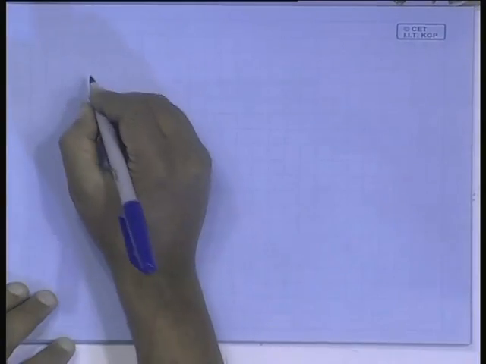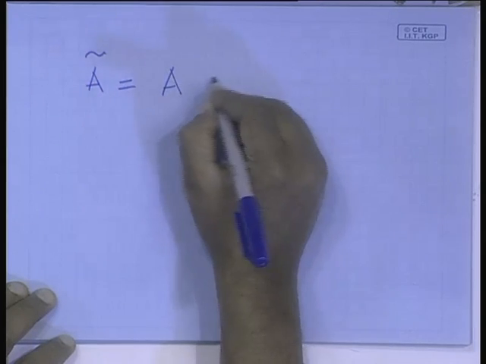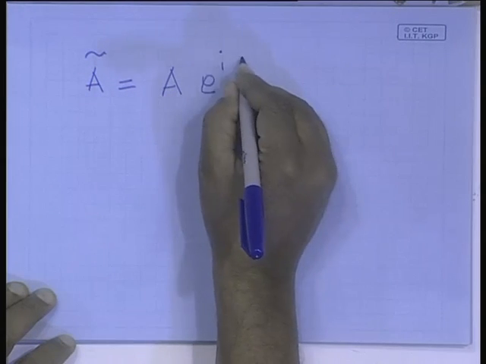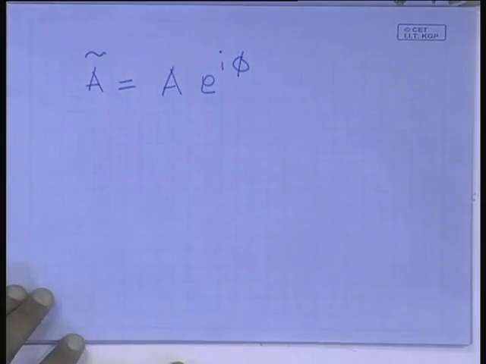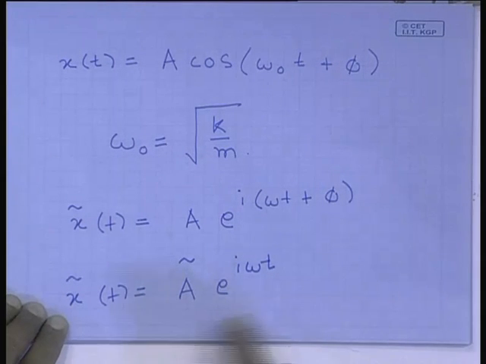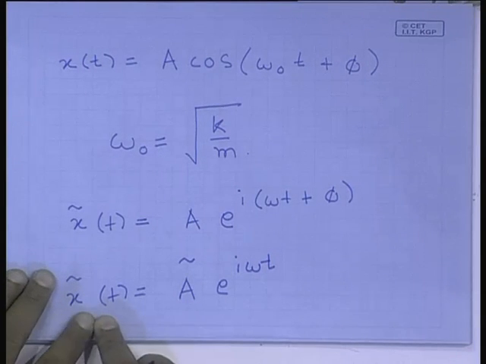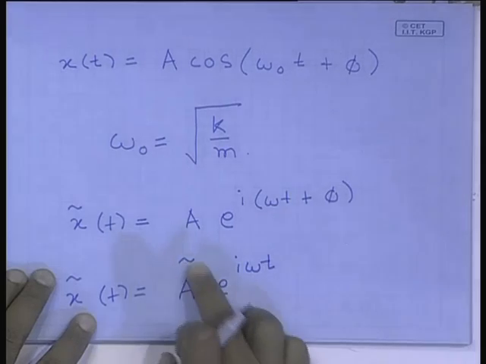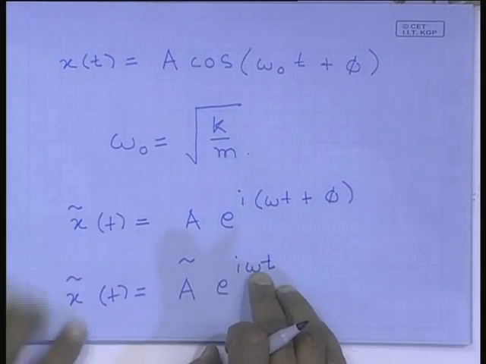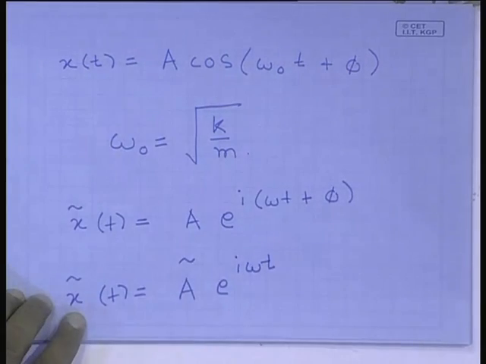A tilde is defined as A e to the power i phi. So, in summary, the motion of the oscillator can be described through a complex expression like this, where the complex variable x tilde of t is equal to A tilde, the complex amplitude, e to the power i omega t. The real part of this represents the oscillations of the oscillator.